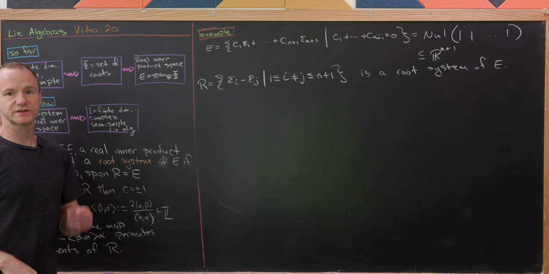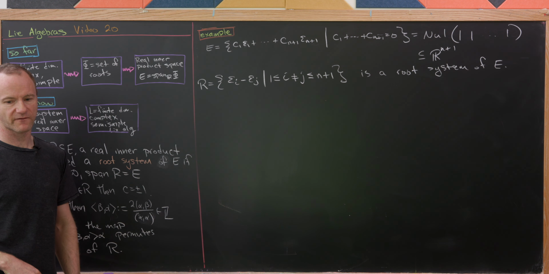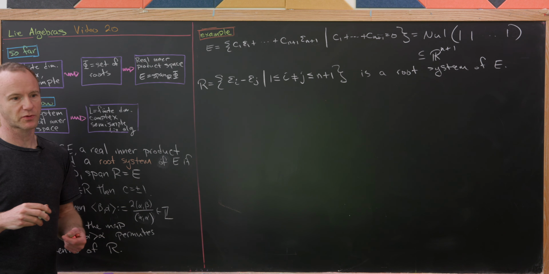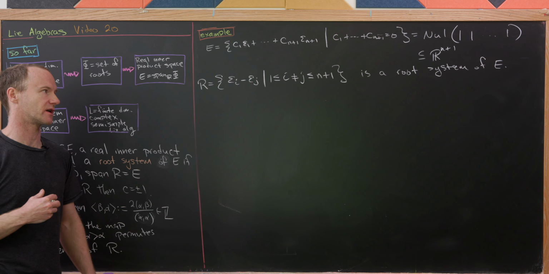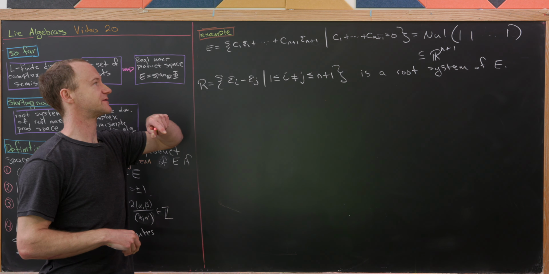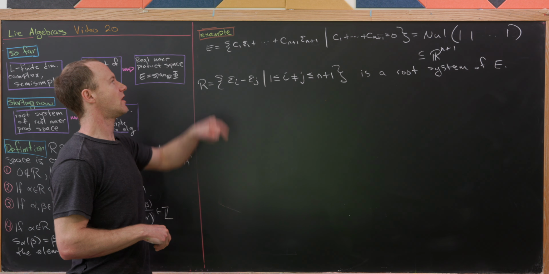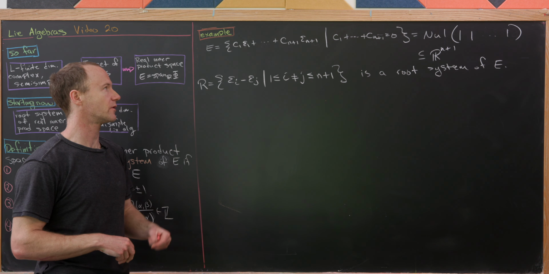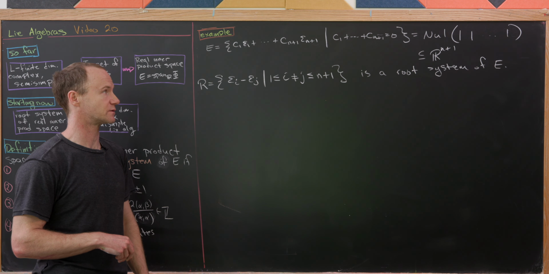Okay, let's move on. Okay, so for our example, let's consider the following inner product space. And what's the inner product here? Well, it's just going to be the dot product on R^(n+1). And this inner product space is defined as follows. So it's going to be all vectors of the form C1 epsilon 1 plus C2 epsilon 2 all the way up to C(n+1) epsilon (n+1).